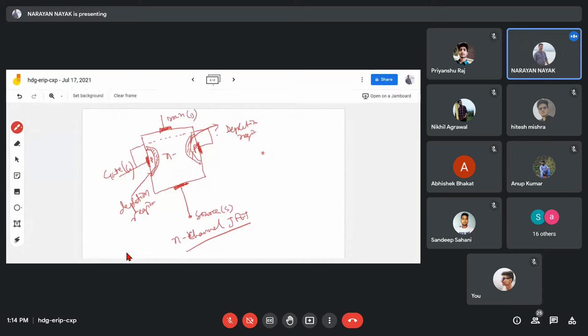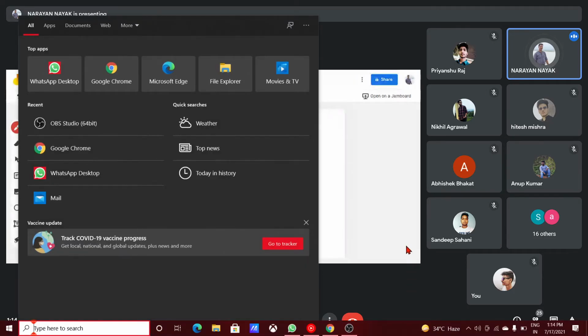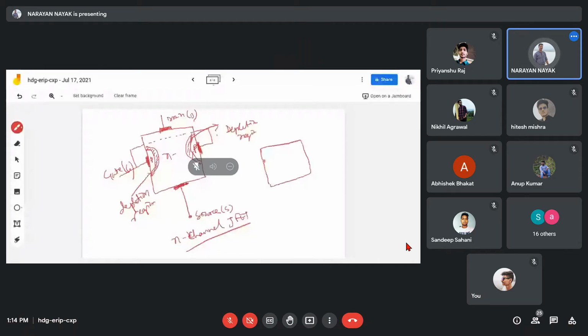Similarly, the P-channel JFET, the major part of the structure is your P-type material. This is your P-type material. Okay, and this is your N-type material. Okay, and there is a depletion region like this. Okay, and here this is your gate.